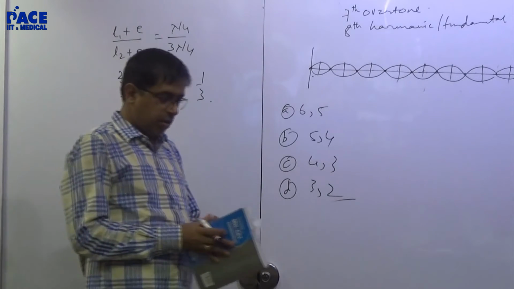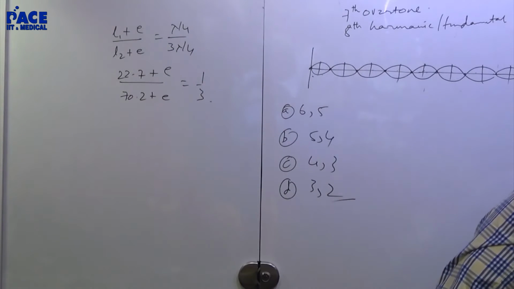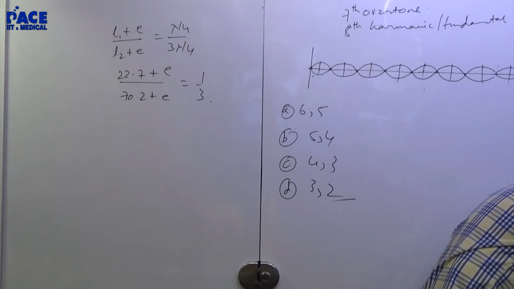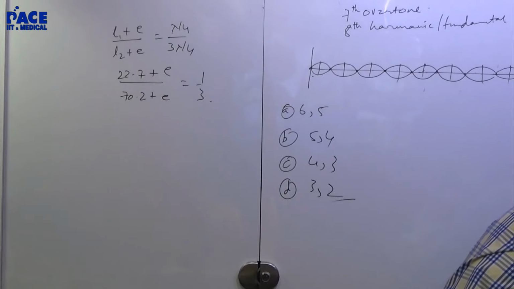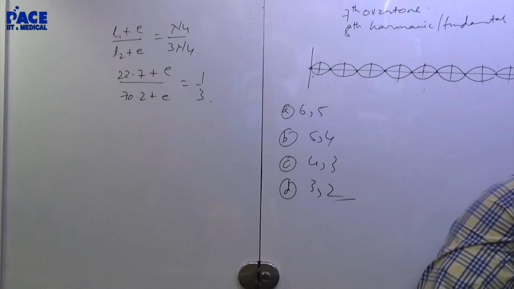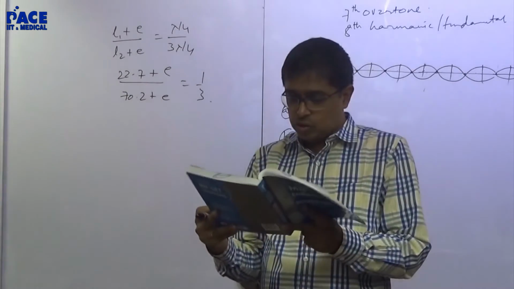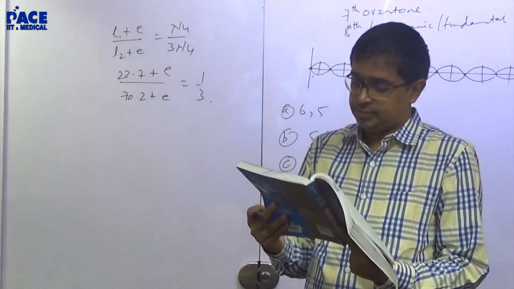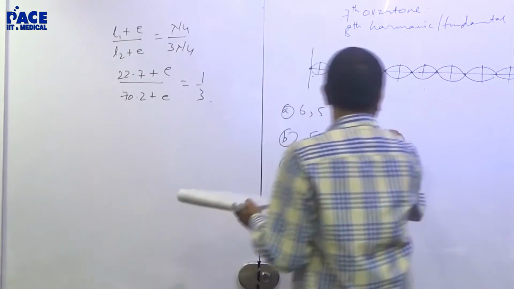Hey, one second. Let's see. Take a minute. Answer is here. There is a print error. If you set up the second overtone on a string, the solution he gives for this, he gave the solution for this.